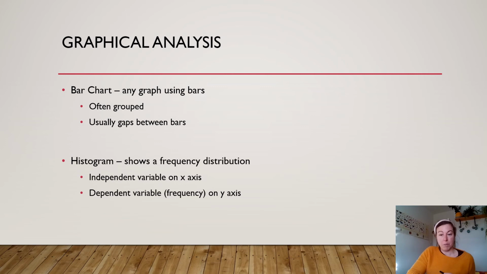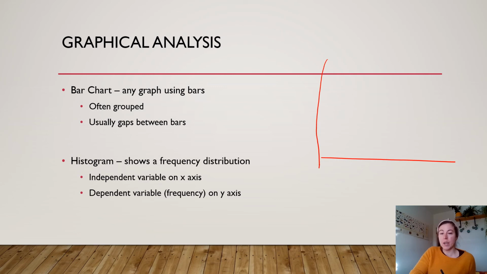I'm going to come back to mean, median, and mode in a minute. But first I want to talk about graphing. So you've probably done lots of different graphs in your life, and some of them might have been bar charts. But when we make a bar chart where we have the independent variable on the x-axis and the frequency on the y-axis, so how often those numbers occur, that is a histogram.